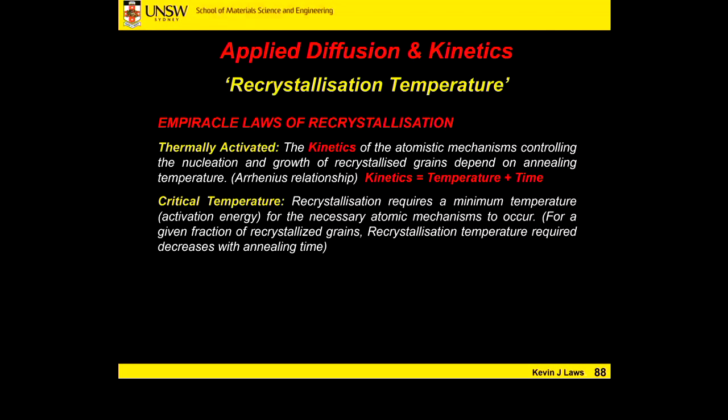At room temperature, for something like copper or even aluminium, recrystallization, despite how much deformation you might put into the material, may not start, because at that temperature there's not enough energy for atoms to become mobile. Atoms also need to be able to diffuse to grow those new recrystallized grains. So this is why deformation and temperature are important to recrystallization.